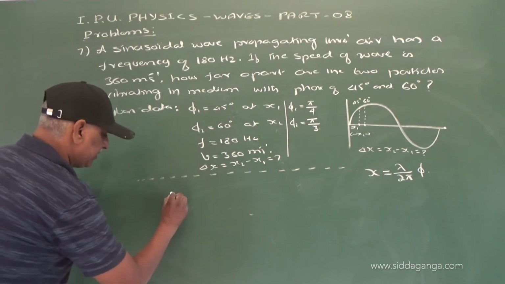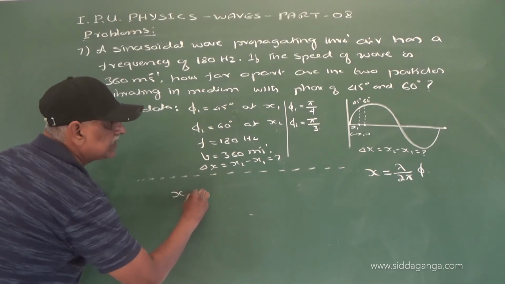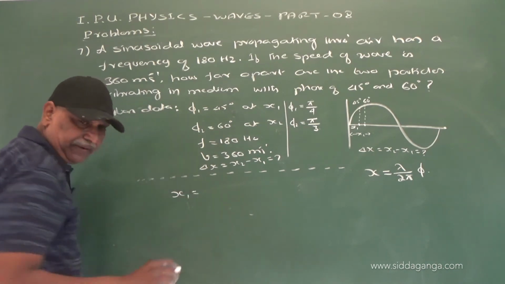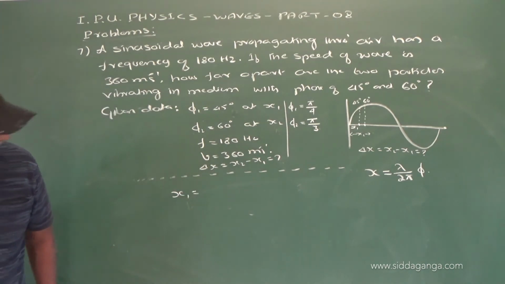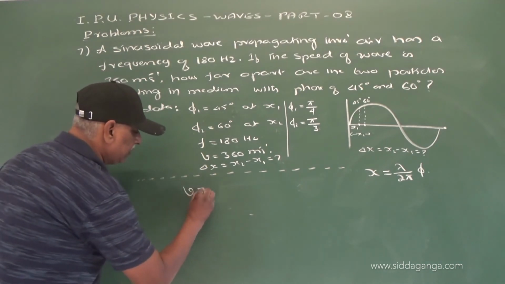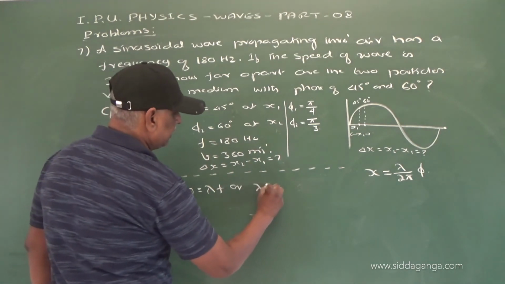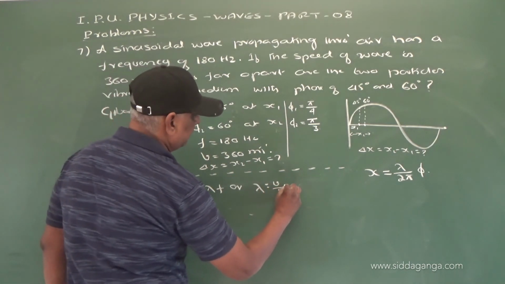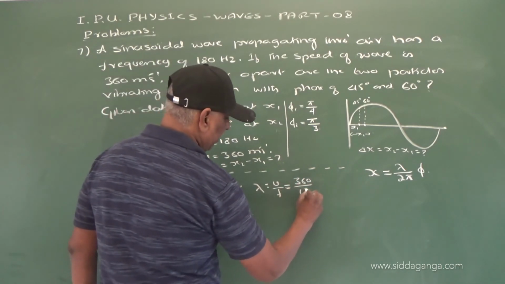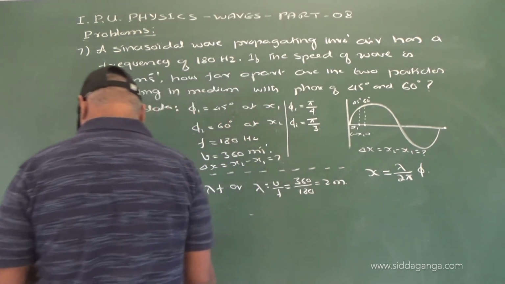Now we have distance x1 is equal to, using this formula, we need to find lambda here. Here we have V is equal to lambda f, or lambda is equal to V by f, that is 360 divided by 180, that is equal to 2 meter.